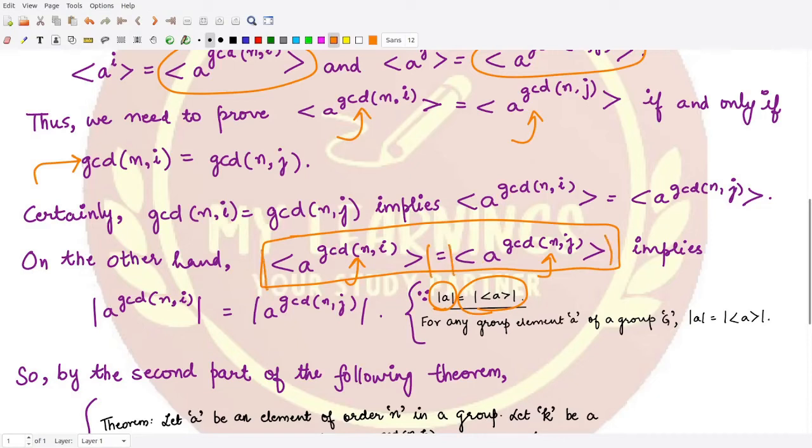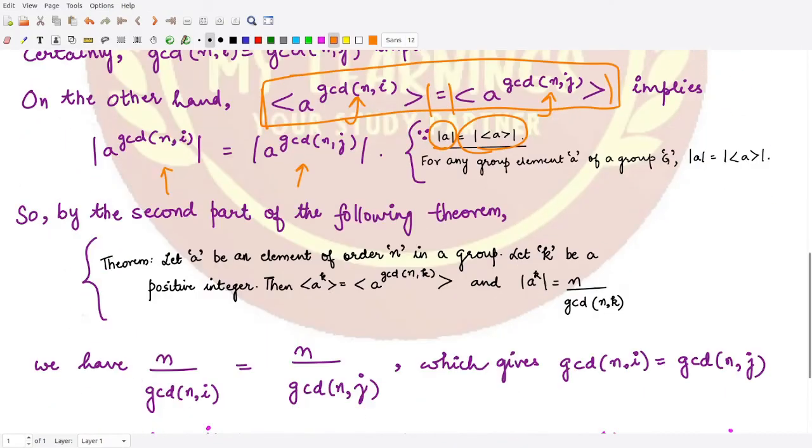If their orders are equal to each other, they are equal to the order of the element itself. So the order of a to the power GCD of n with i is equal to the order of a to the power GCD of n with j. According to the following theorem, the order of a to the power k is equal to n divided by the GCD of n with k, right?